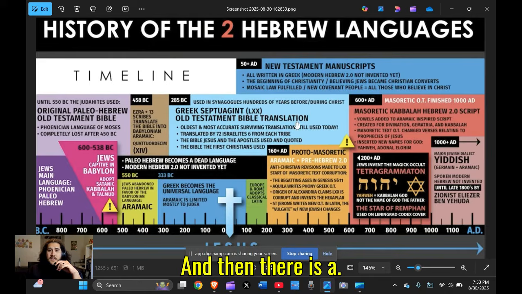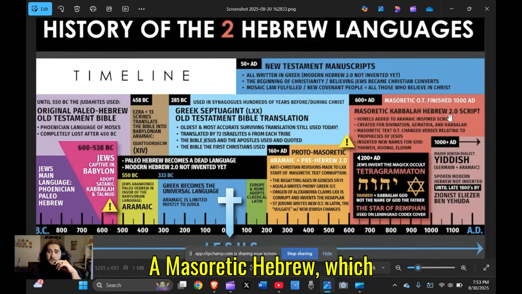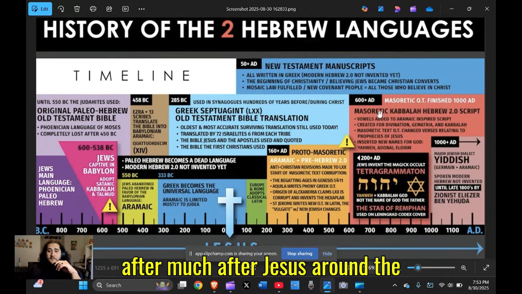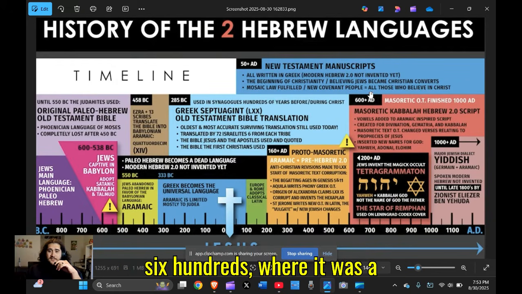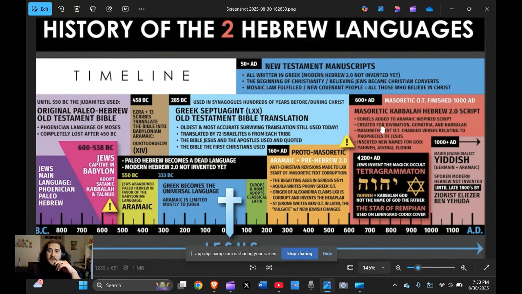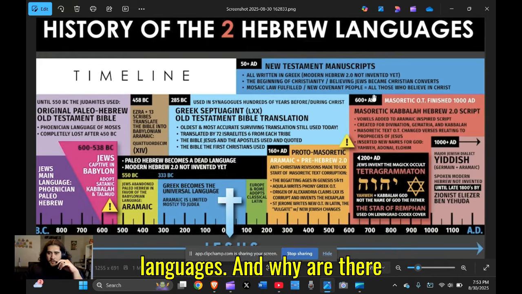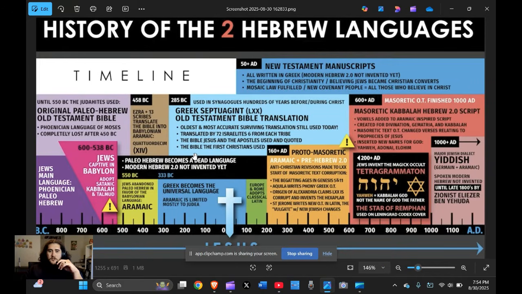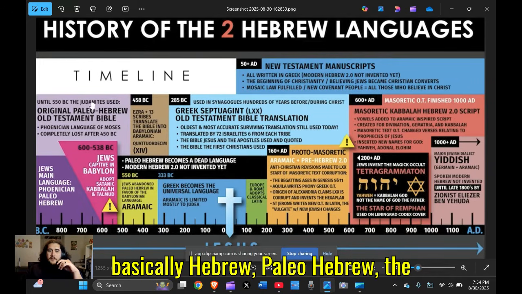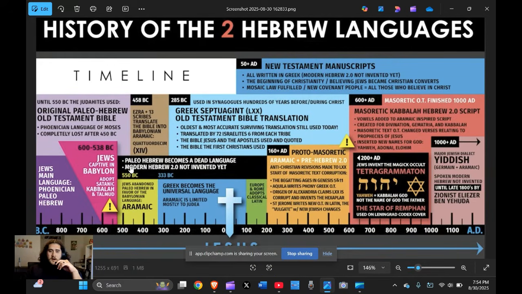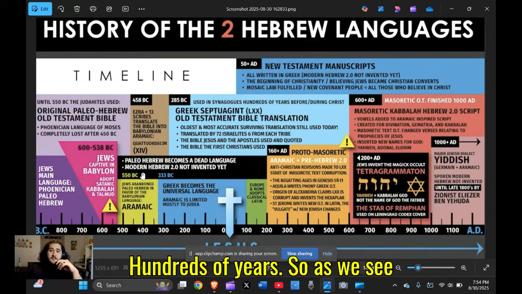And then there is a Masoretic Hebrew, which was created later, much after Jesus, around the 600s, where it was a Hebrew that was recreated out of other languages. And why are there two? So basically, Paleo Hebrew, the original, was dead for hundreds of years.